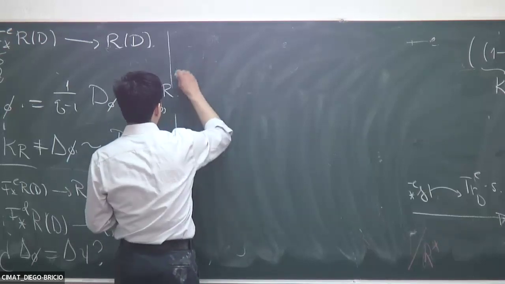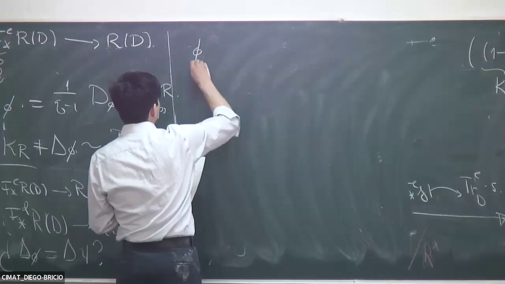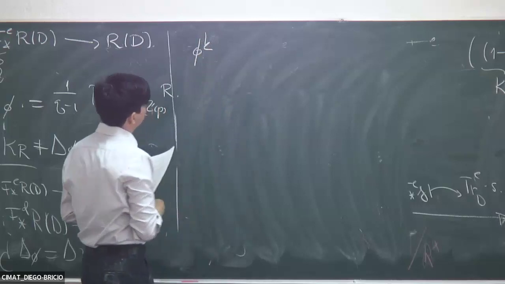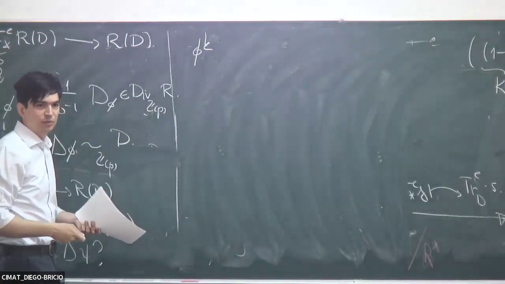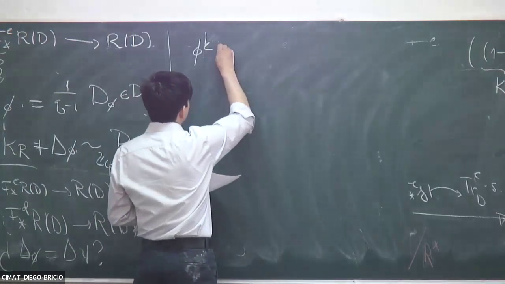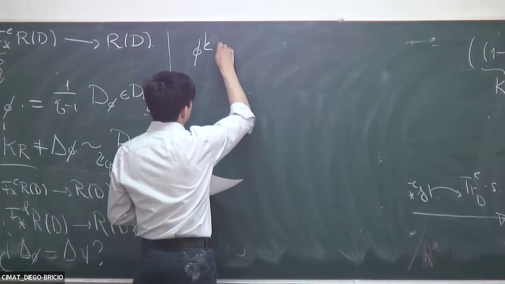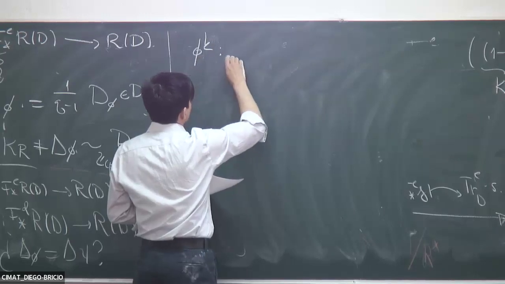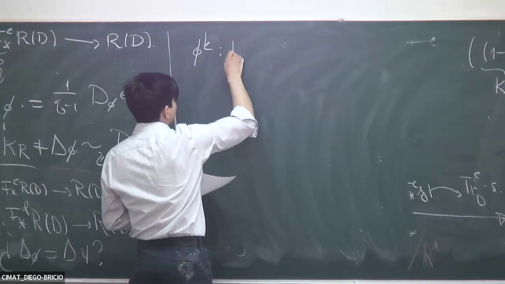So first of all, let me define the power of phi. What does it mean to raise phi to the k power, which we have done already, right? So this is the following map. I'm going to start writing it down the other way around.